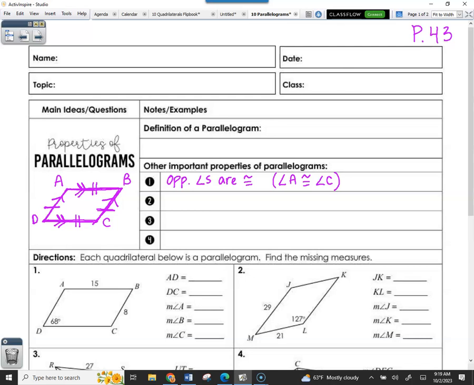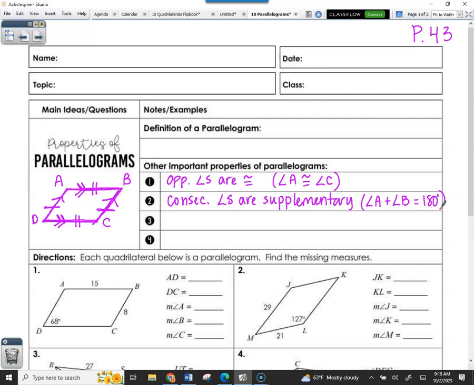Let's also remember that consecutive angles are supplementary. So, for example, angle A plus angle B equals 180. So those are the two properties with angles.